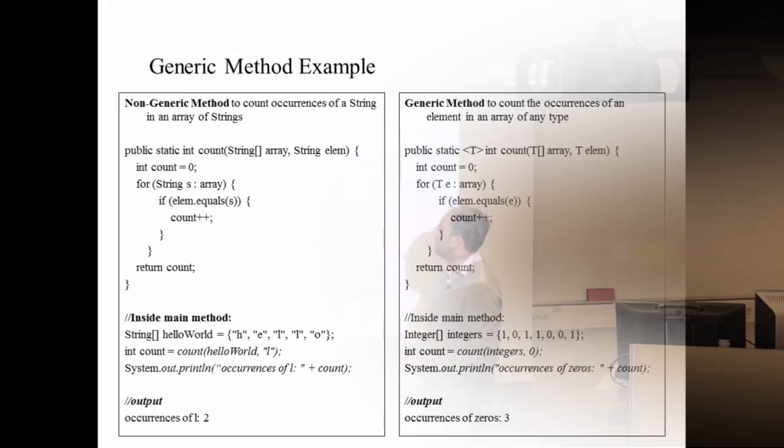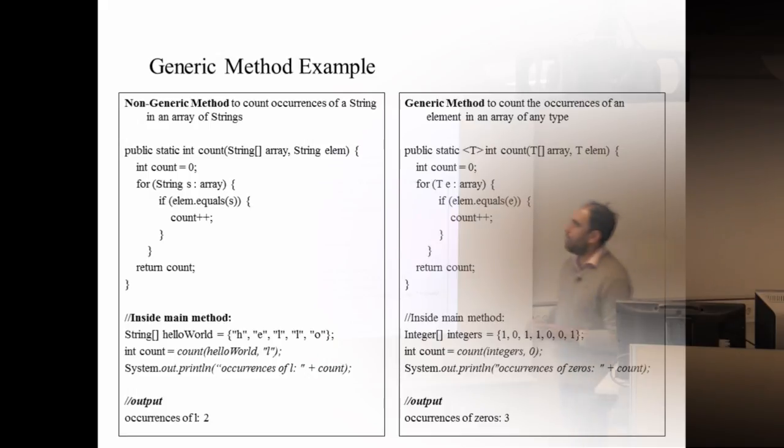And what is this method doing? This method is taking an array of strings, and then it takes a string value and finds the number of occurrences of that string value in that array. For example, if you have an array of names and you want to find how many times a specific name is there in that array, you iterate through the array, compare each element with the value that you passed, and have a counter variable.